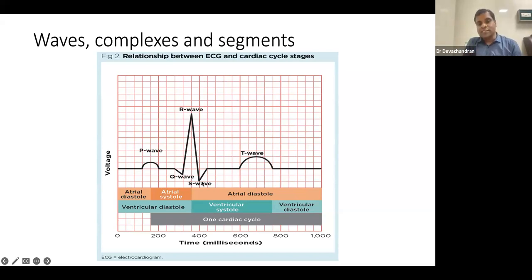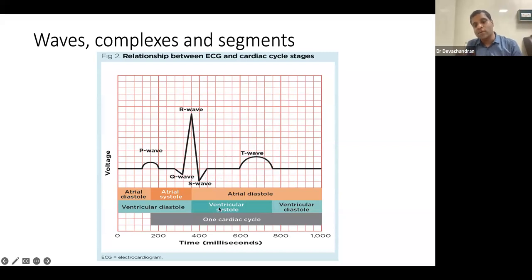The QRS complex happens shortly before the ventricular contraction. Remember, I mentioned the electrical activity happens first, and the muscular activity happens after the electrical activity. So the P wave represents the atrial electrical activity. It is followed by atrial systole, which is the atrial contraction.